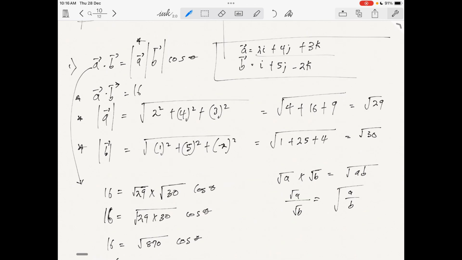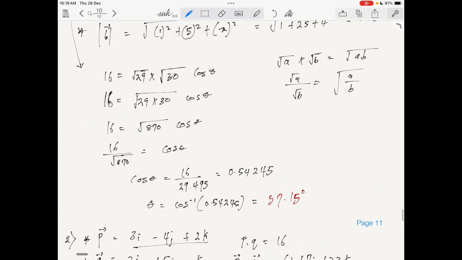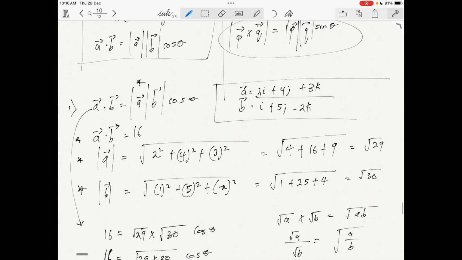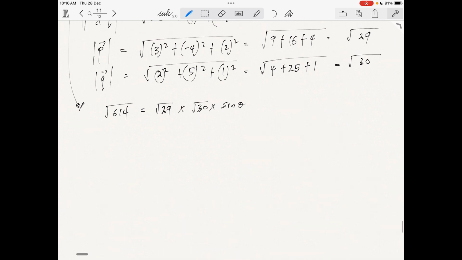They are two different vectors and two different questions.